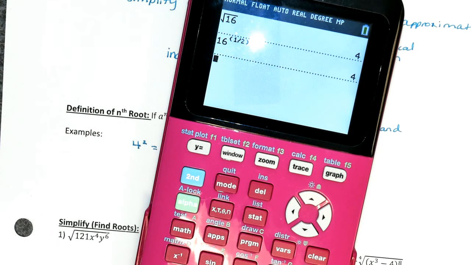I want you to type in your calculator right now 16 to the power of 1/2, because I want to make sure you know how to accurately type it in. The 1/2 would have to go into parentheses. Okay, let's make sure we're getting 4. Does anyone need help with that?